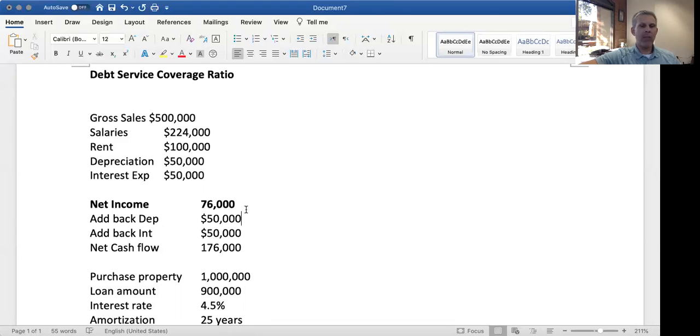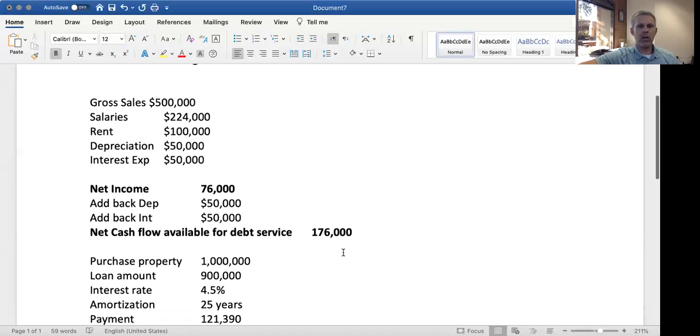You're always going to start looking at the net income of the property. Then you will add back, in most instances for both owner-occupied and investment, the depreciation, because it's a non-cash expense, and then you're going to add back interest carry, because that's going to be going away. Once you add these two back, you get a net cash flow available for debt service of $176,000.